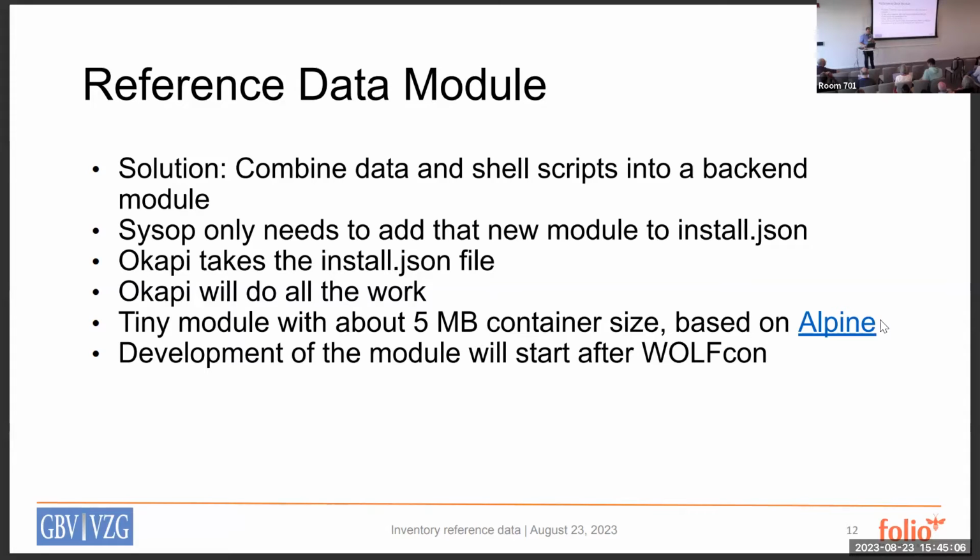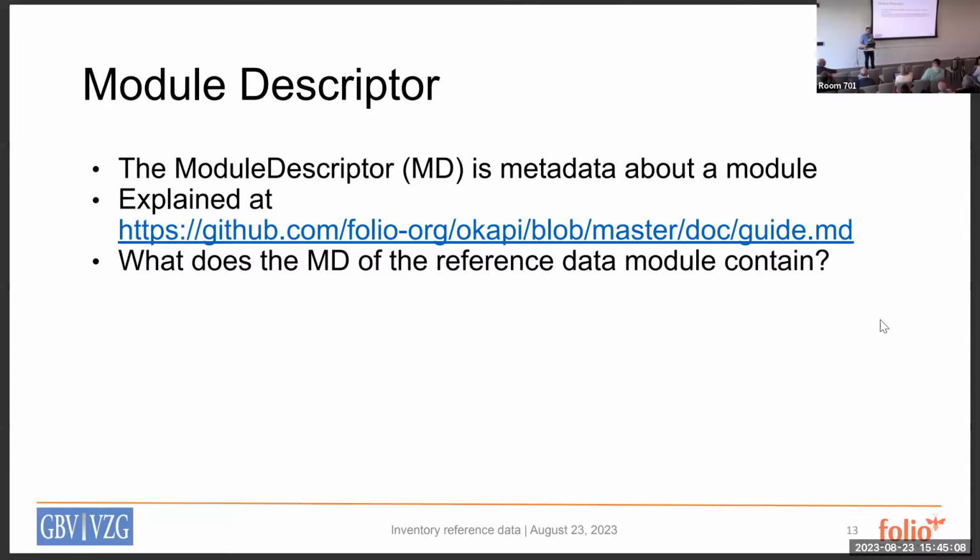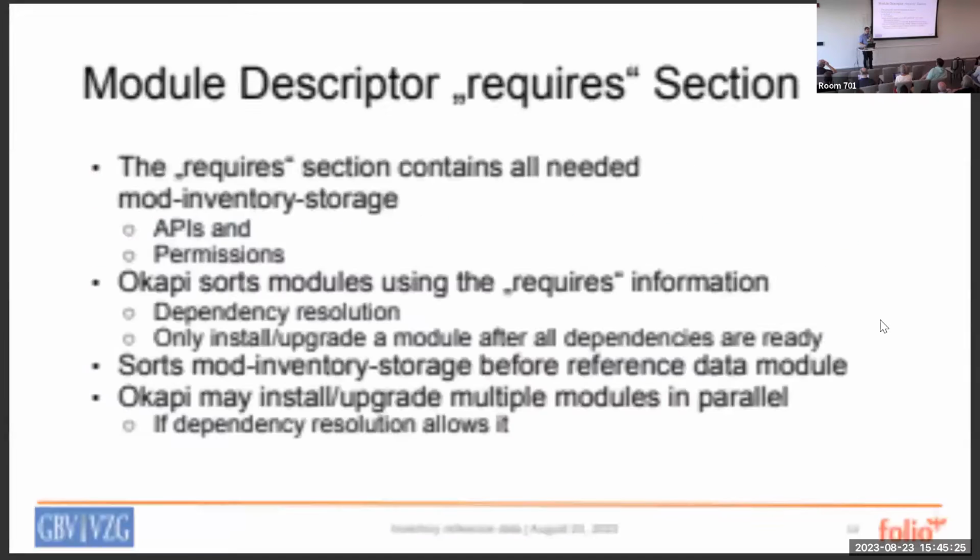So now you get some details for the people that want to know the technical things: the module descriptor, the thing that Okapi reads, and then knows what to do. There's documentation you can look up if you want to see the details. And what does the module descriptor contain?